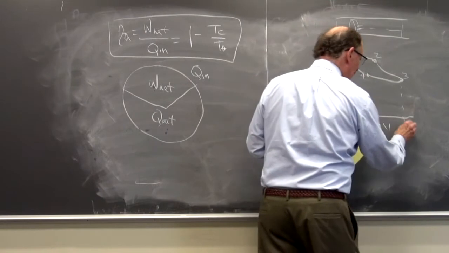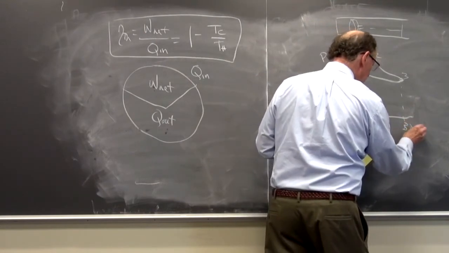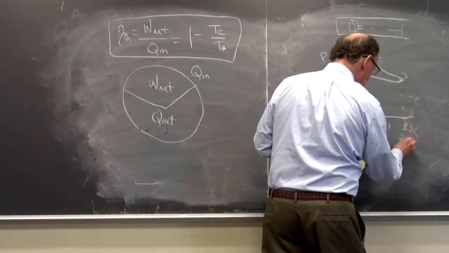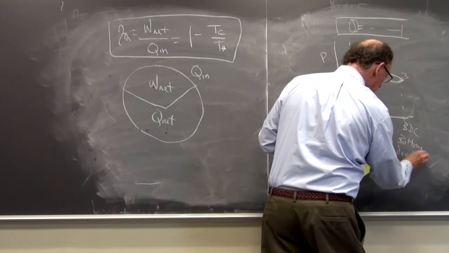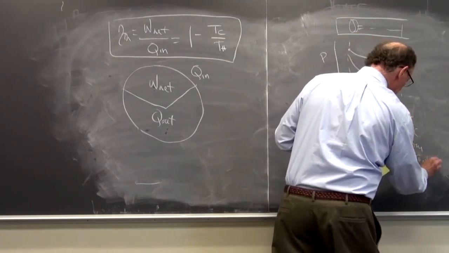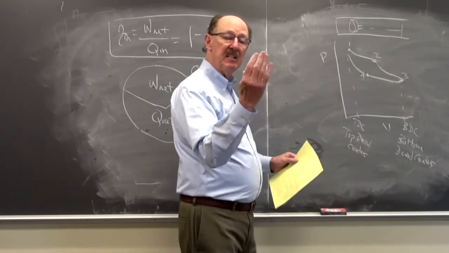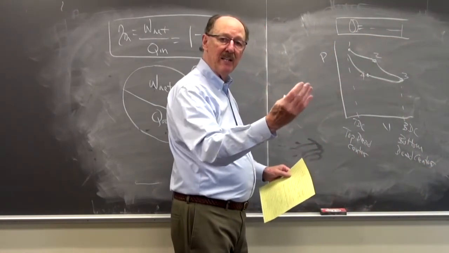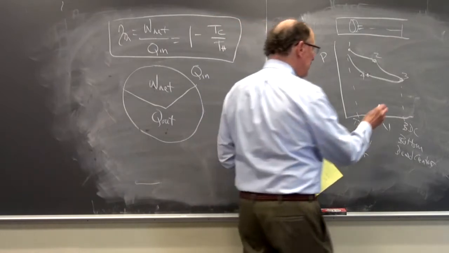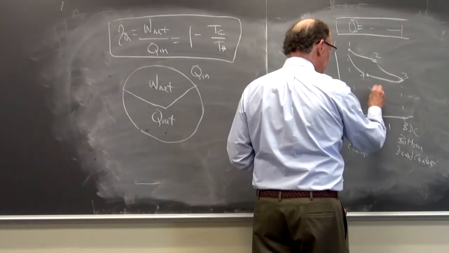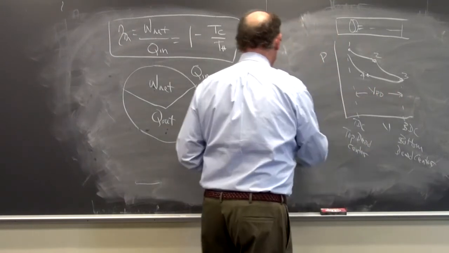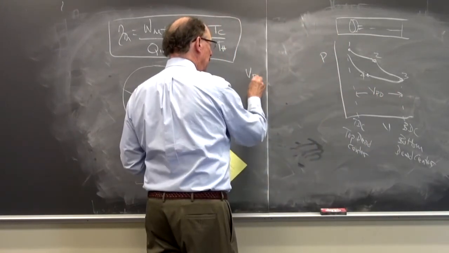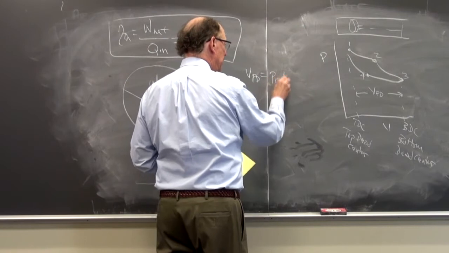This is called bottom dead center. And the difference between the two volumes is your piston displacement, V sub PD, where V sub PD is your piston displacement.